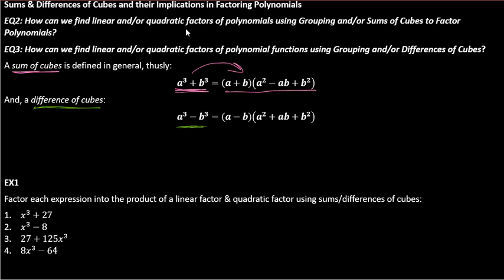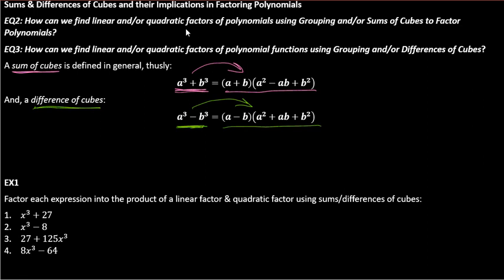It's the same idea, but you're going to notice a little something changes. So a difference of cubes, obviously, you're finding a difference between two cubes. This guy can be factored into this over here. So a cubed minus b cubed is equal to a minus b times a squared plus ab plus b squared.